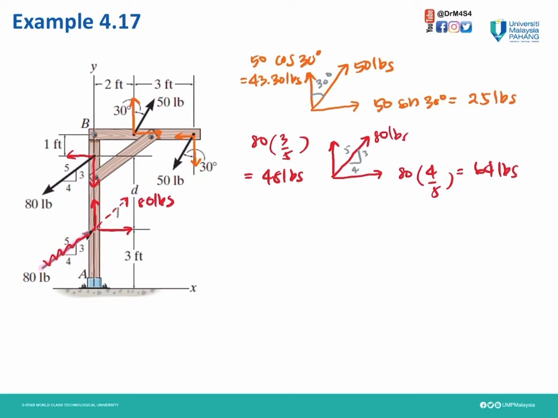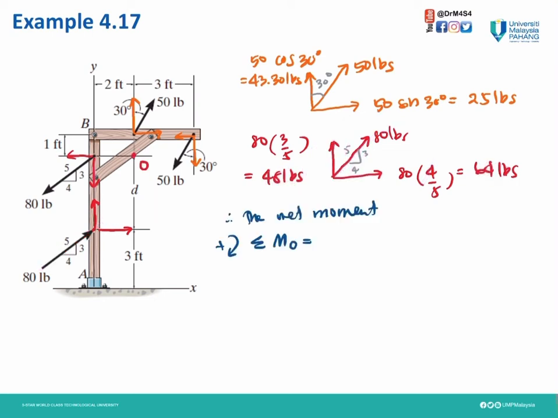The gradient is still the same, 3, 4, 5. So we can resolve that into this axis, we have 64 pounds, and into this axis we have 48 pounds. Similarly, just rotate this to find the value for the other side.